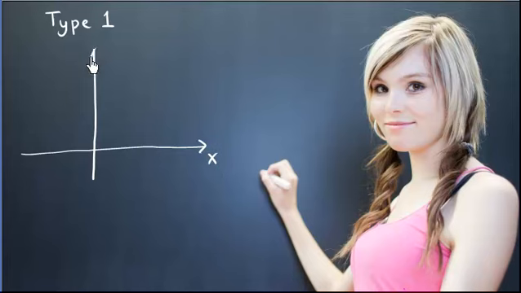Again, we have x-axis and y-axis, and then let's say we have something like this, and we have another like that. So on this type 1, for example, we want to find the area which is bounded by the red and the orange curves. So let's say we want to compute that area.